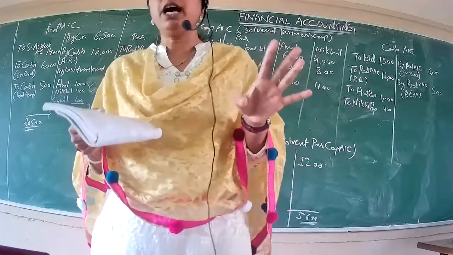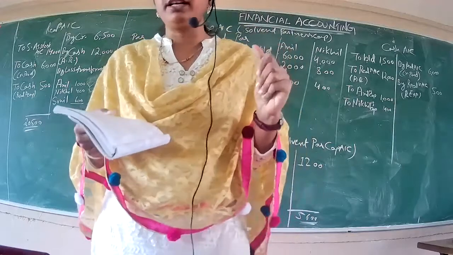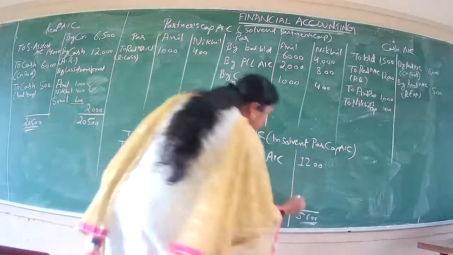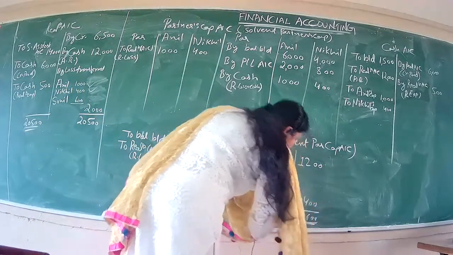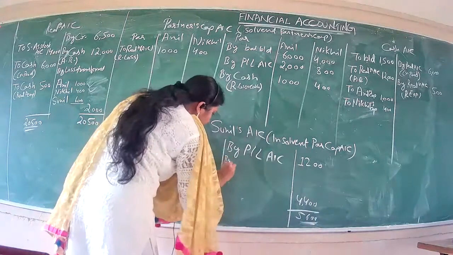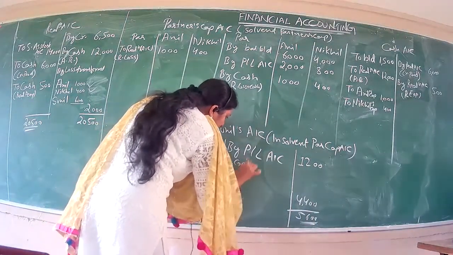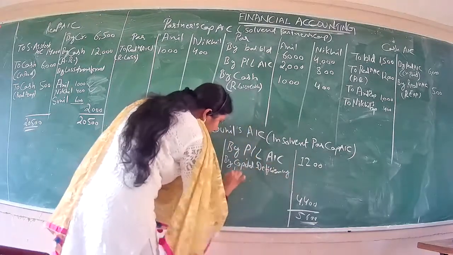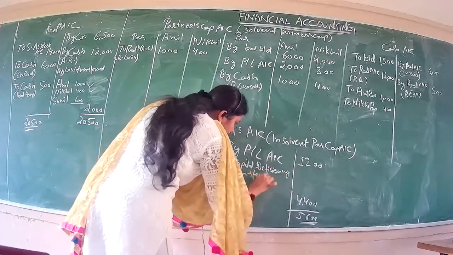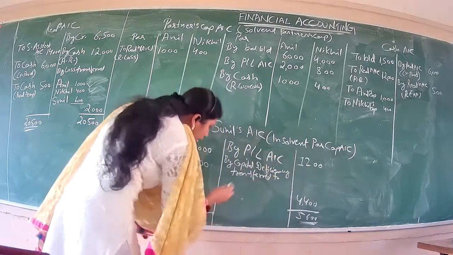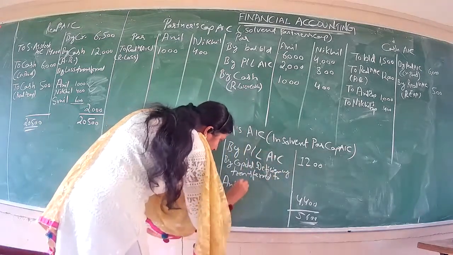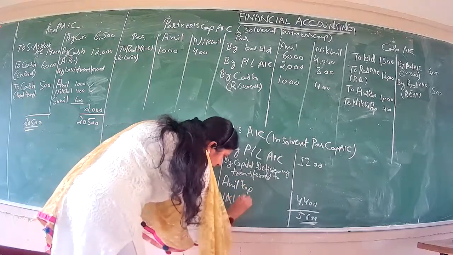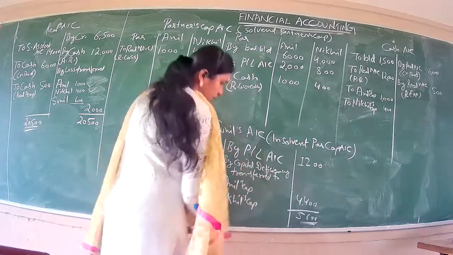So now check how much shortage we have. 5,600 minus 1,200, so we have a shortage of 4,400, and this we write as capital deficiency transferred to the solvent partners: one is Anil's capital account and one is Nikhil's capital account.